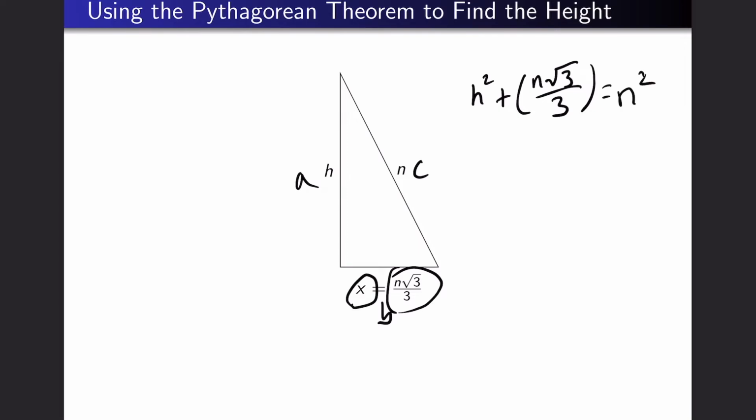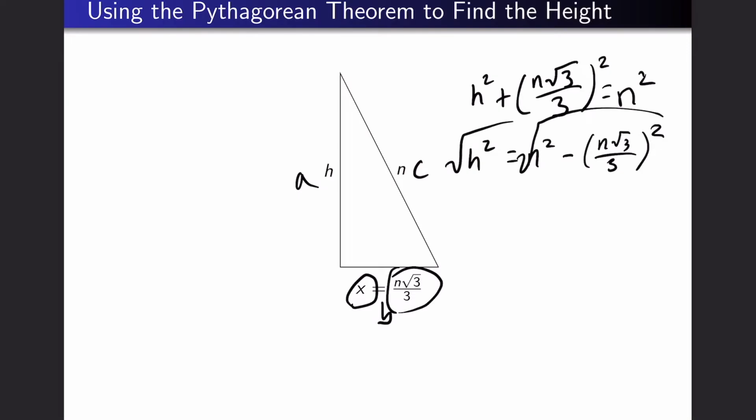All right, let's solve for h. So h squared is going to equal, oh, I forgot the squared, n squared minus n root 3 over 3 squared. Going to take the root. That root cancels with the square. So h is equal to the square root of n squared minus n root 3 over 3 squared.